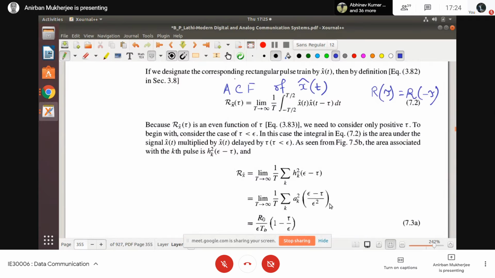So now, because outside this interval your hk value is 0, if I take this integration to summation, this portion is constant.